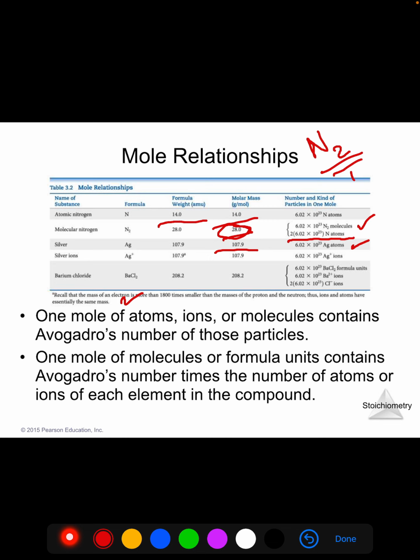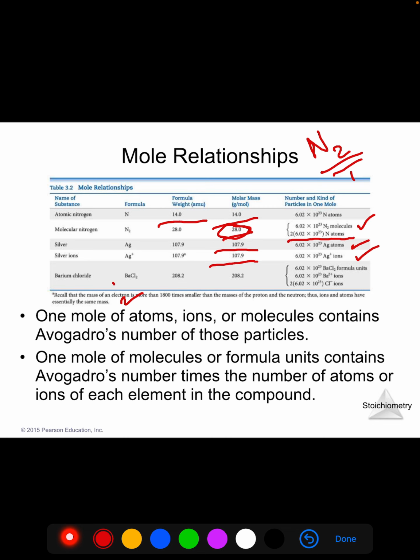Cool. But if I had silver ions, silver dissolved in solution, it would still weigh the same because the mass of those 6.02 times 10 to the 23rd electrons is practically nothing, is insignificant out to 3 or 4 places, okay? So it wouldn't make much of a difference.